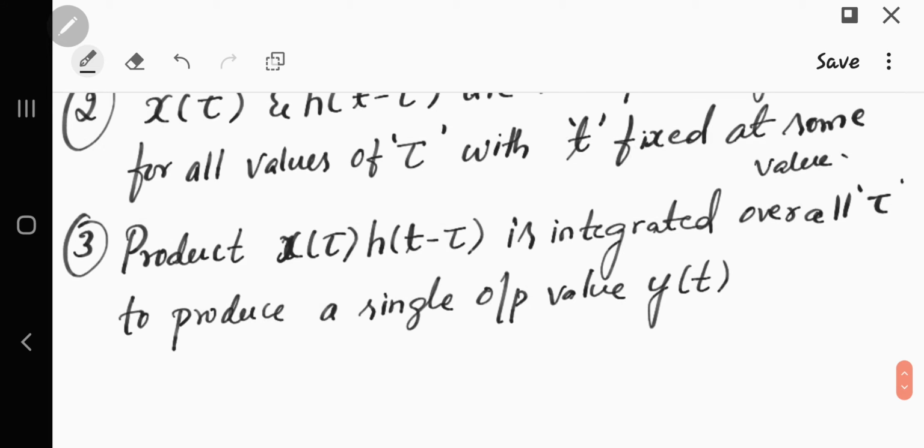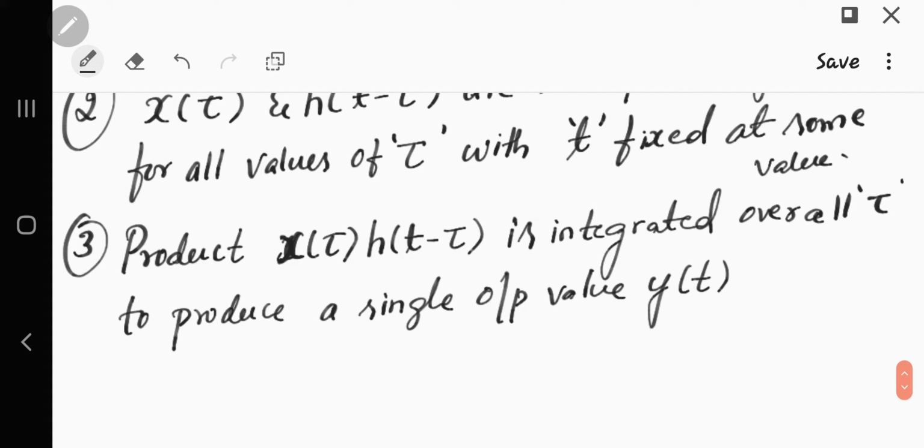Wherever the overlapping region is, we get it when the other signal is shifting from one end to the other. The overlap region is integrated with respect to tau, and each result is considered a single output value of y of t.